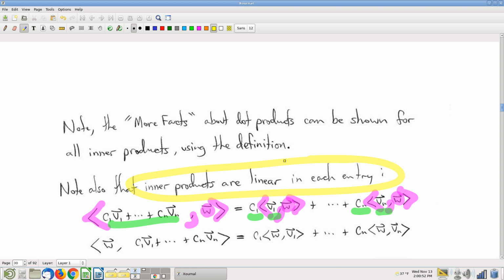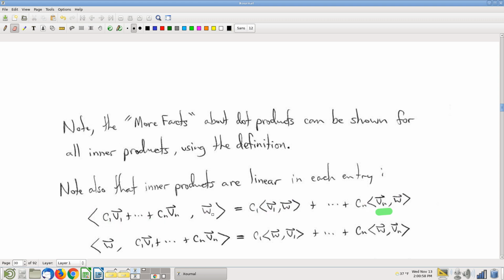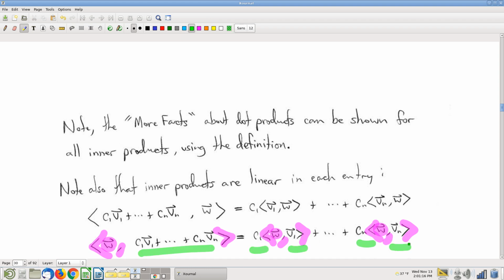Okay, so what we have here is linearity in the left entry, and linearity in the right entry would mean if you view this as being the function. And then again, notice linear combination in, linear combination out.